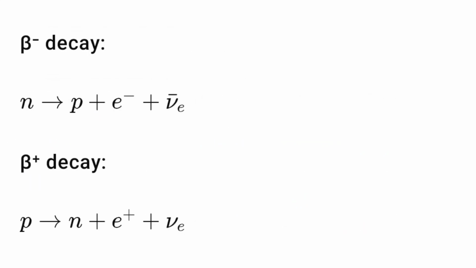So this is a beta minus decay representation. Neutron converts to proton and electron with antineutrino. In beta plus decay, proton converts to neutron and positron with neutrino.